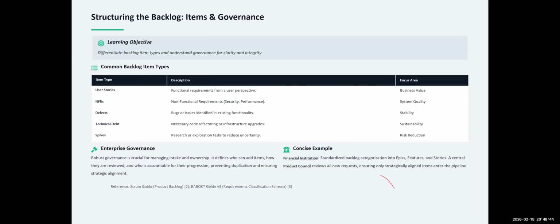Now, one of the things you need to understand about backlog is that it's a living document, so to say, whereby you document everything that people want, or your stakeholder wants, or your business user wants.